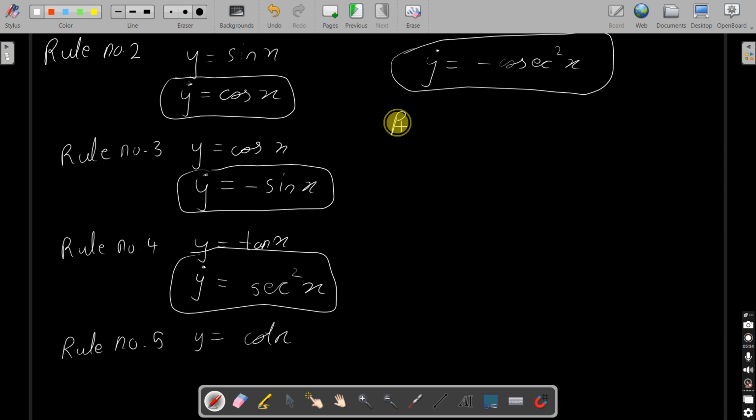Rule number 6. If y is equal to cosec x, then y dot will be minus cosec x cot x.